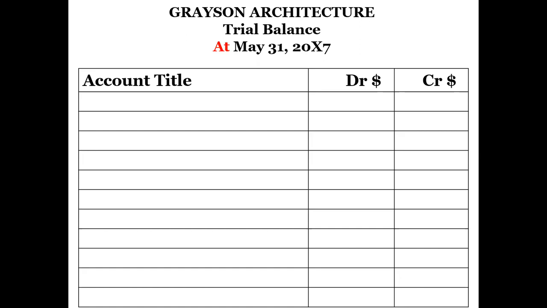Firstly, we start with cash, and cash has a balance of 7,750. Next, we pick up our accounts receivable, which has a debit balance of 7,490.